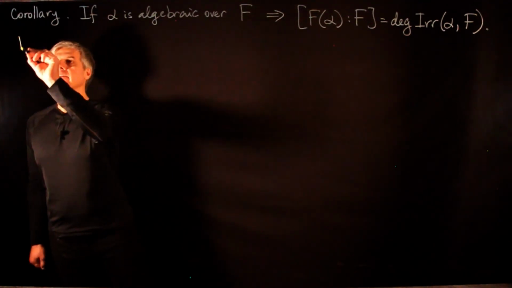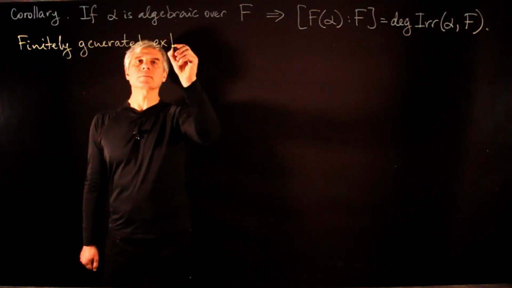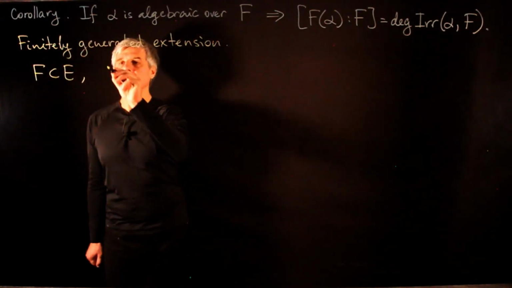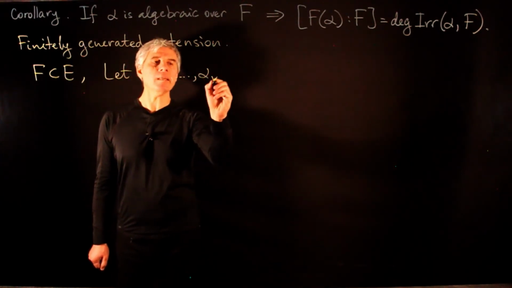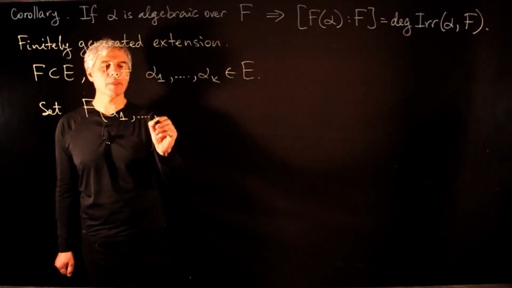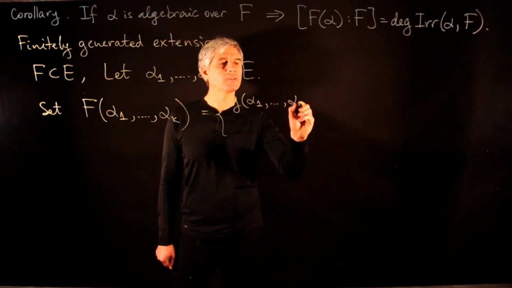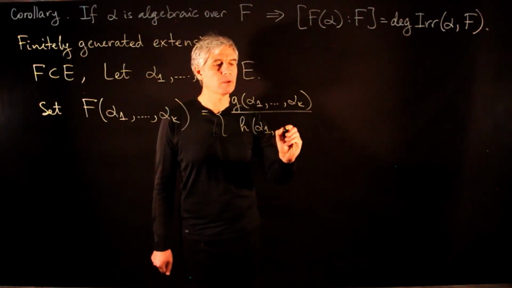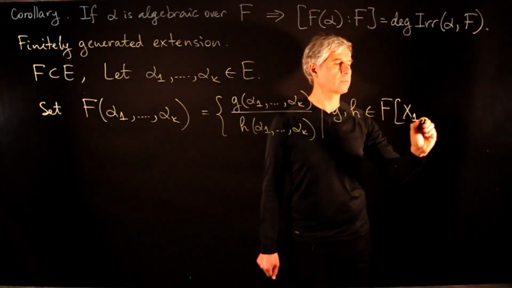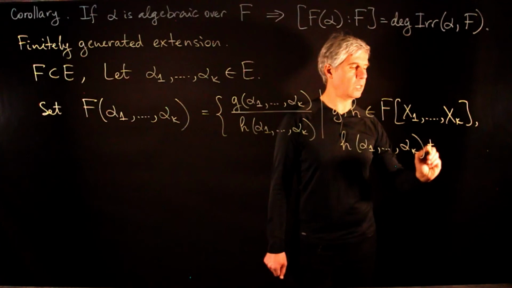In a similar fashion, we can define a finitely generated extension. So here we have, suppose E is an extension of F, and let alpha 1 through alpha k be elements of E. Then we set the field F(alpha 1 through alpha k) as the set of G of alpha 1 through alpha k over H of alpha 1 through alpha k, where G and H belong to the ring of polynomials in k variables, and the denominator, H of alpha 1 through alpha k, is not equal to 0.